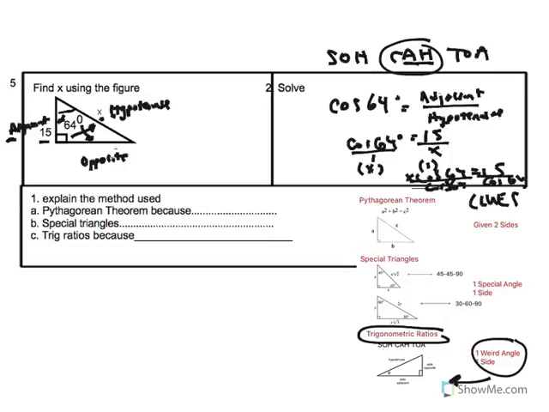I get the cosine of 64 equals the adjacent side is 15, the hypotenuse is x. I have to get rid of my fraction. I get x cosine of 64 equals 15. Divide both sides by the cosine of 64. And I get x equals 38.3.